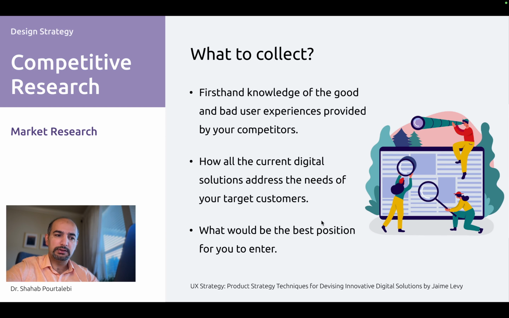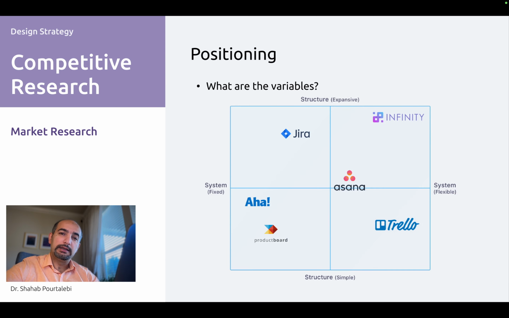And that leads us to the positioning map, the tool that we're going to use here to make sure that we are targeting the right market segment. Okay, that's part of market research, like this positioning map.